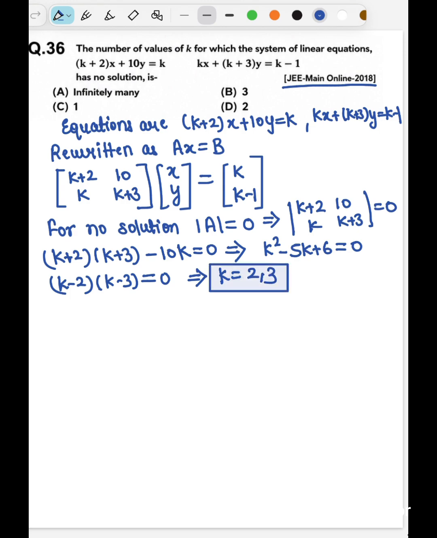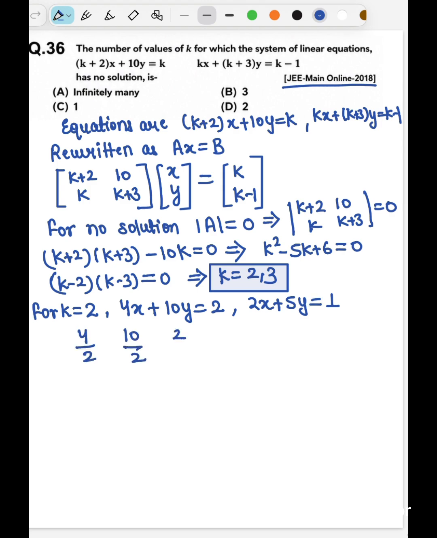Now you have to check what condition arises if you put k is equal to 2 in the given equations. For k is equal to 2, the equations are 4x plus 10y is equal to 2, and 2x plus 5y is equal to 1. Now check the ratios: 4 by 2, 10 by 5, and 2 by 1.